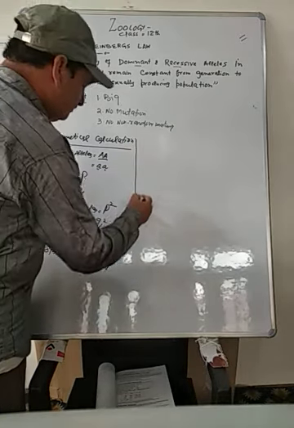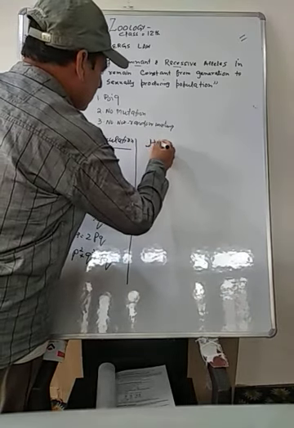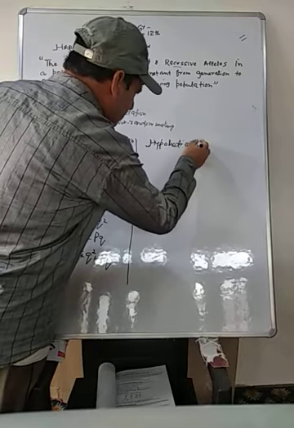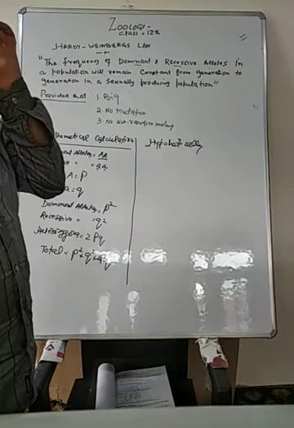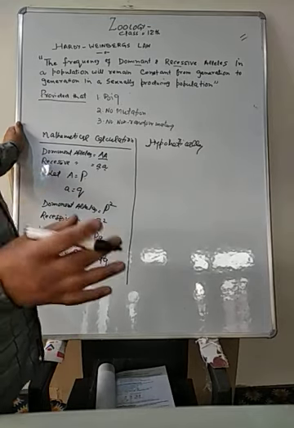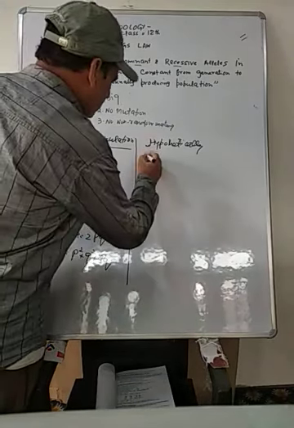Now, it has been seen, or we say hypothetically, that in a population, dominant alleles are 60% and recessive alleles or recessive characters are 40%.